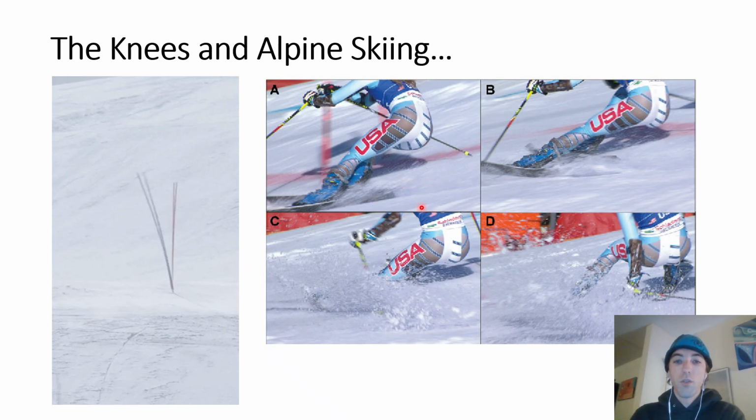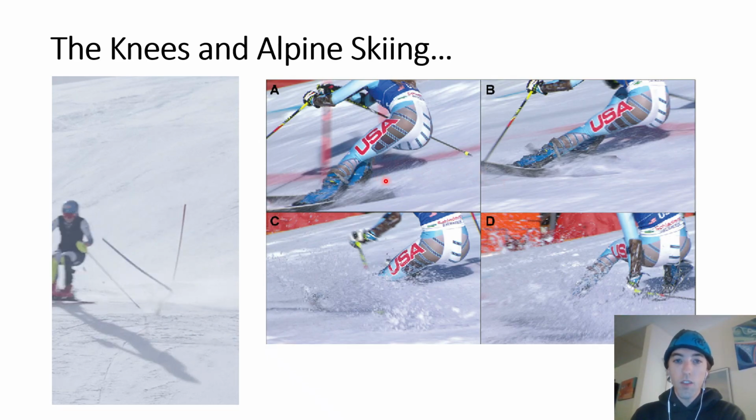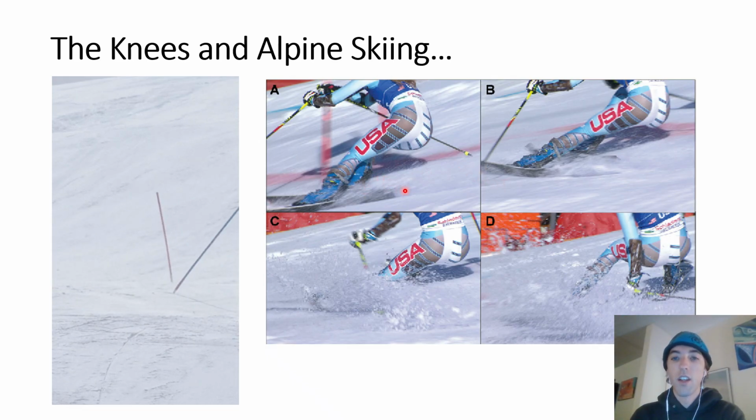This figure here shows a pretty classic scenario of an ACL tear. The skier is making a right-hand turn, and the weight is distributed on both of the feet, and at some point there is a loss of control of the uphill ski.